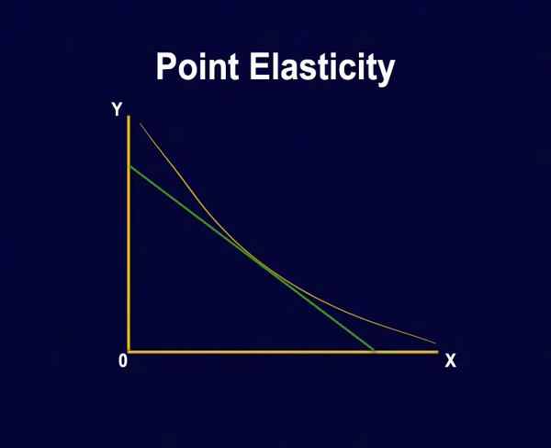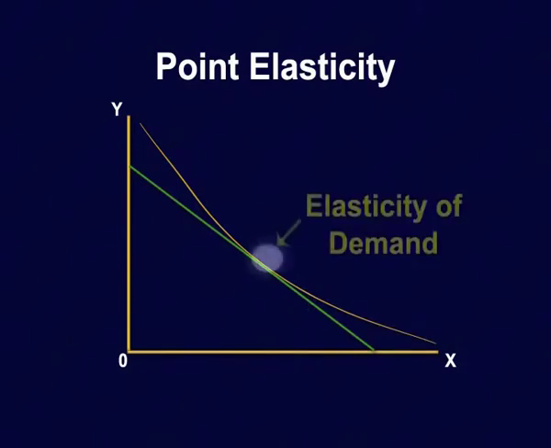So, between these 2 points, how elastic the demand is, that is reflected in arc elasticity. As far as the point elasticity is concerned, we consider and we calculate only the elasticity of demand at one particular point of time only.